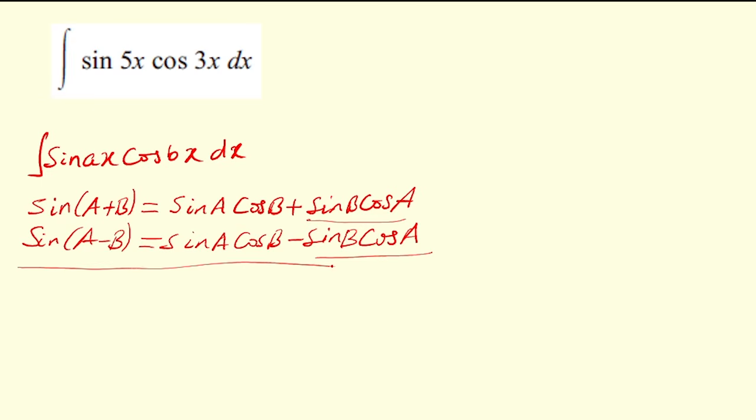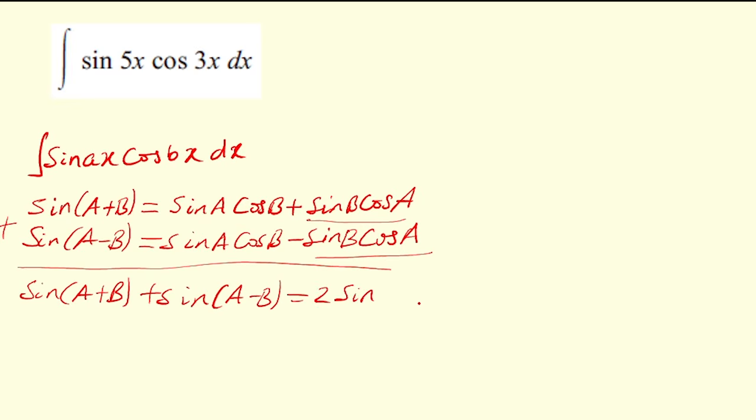Therefore, add downward: sin(a plus b) plus sin(a minus b) is equal to 2 times sin a cos b.